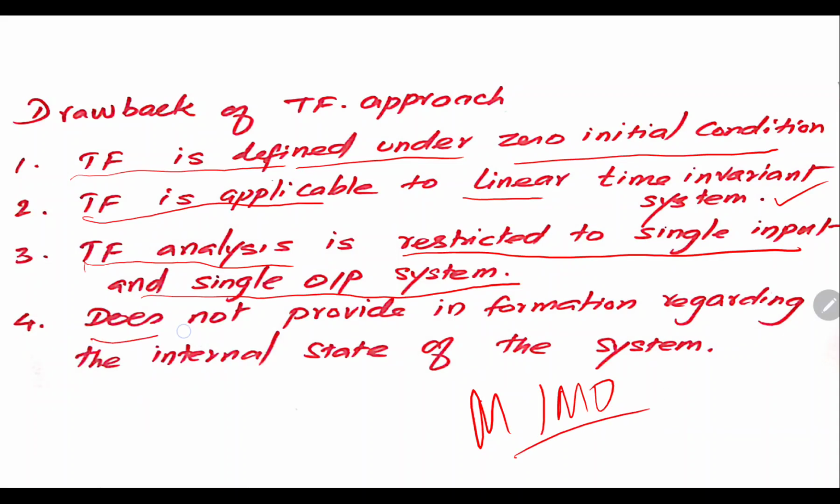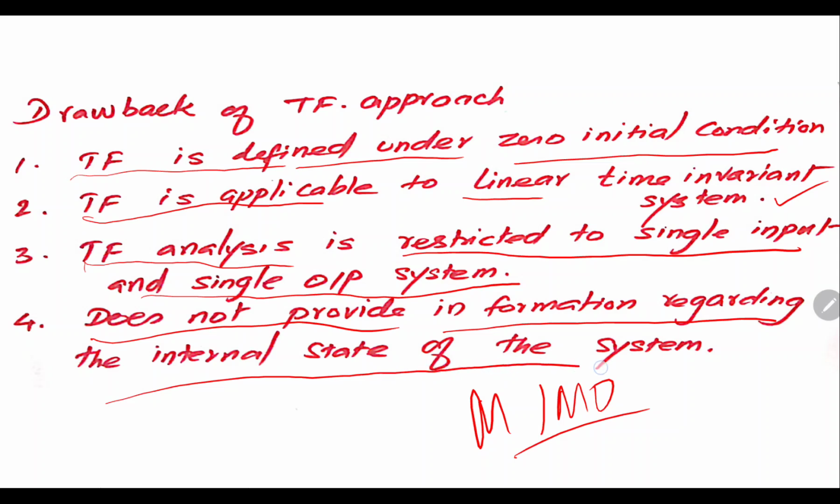Then, it does not provide information regarding the internal state of the system. So these are the four drawbacks of the transfer function. In order to overcome these drawbacks, we are going for state variable techniques.